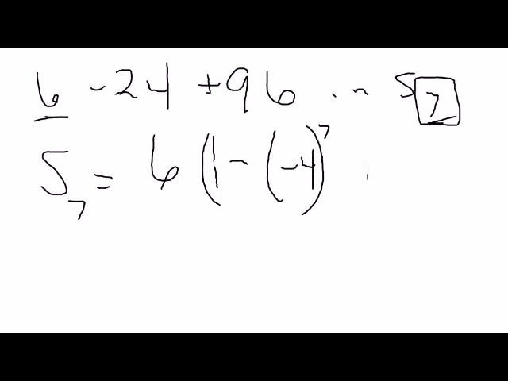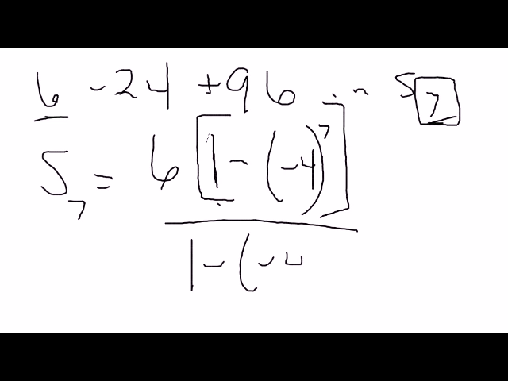So just to help us remember to distribute that 6, we can use some brackets around it. That makes it a little bit more understandable. And then it's 1 minus negative 4. So remember, you have to substitute. If r is negative, you got to use the negative and substitute the whole number in. So it's 1 minus negative 4.